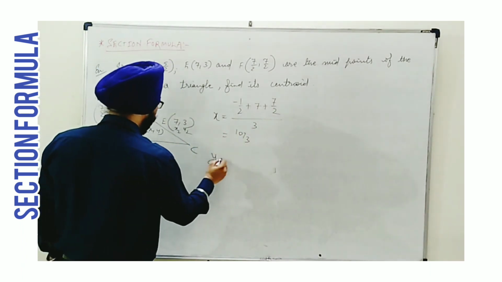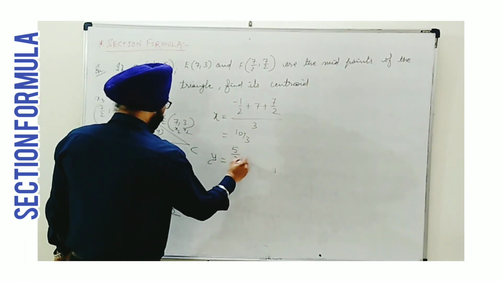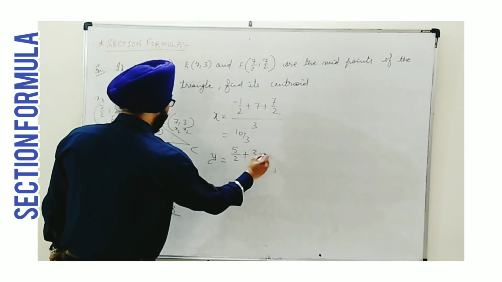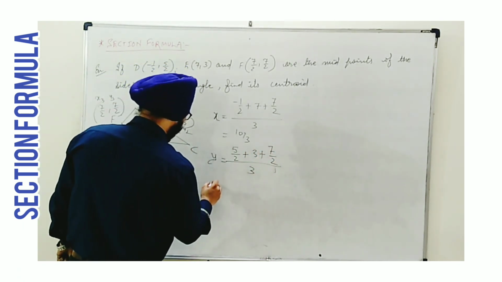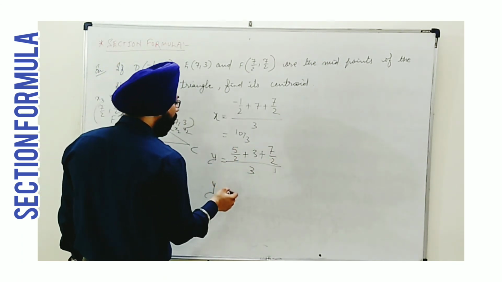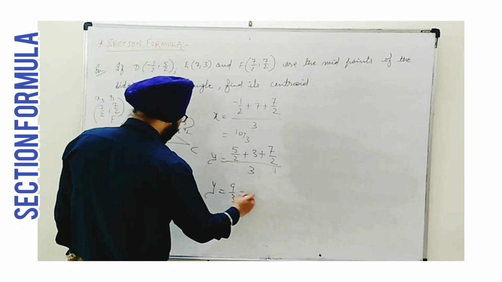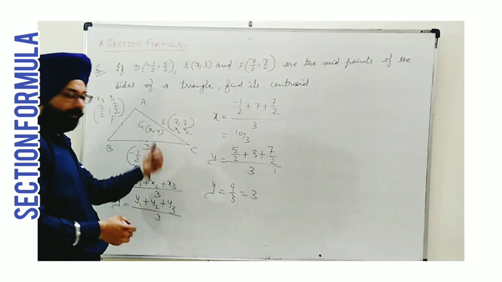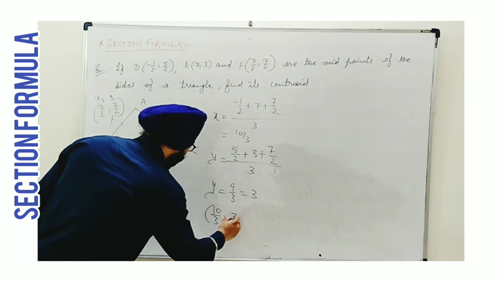Similarly, y can also be obtained by addition of all the ordinates here, means (5/2 + 3 + 7/2)/3. We get 7/2 plus 5/2 is 12/2, 6, plus 3, 9, by 3. It comes 3. Means the coordinates of the centroid here will be (10/3, 3).